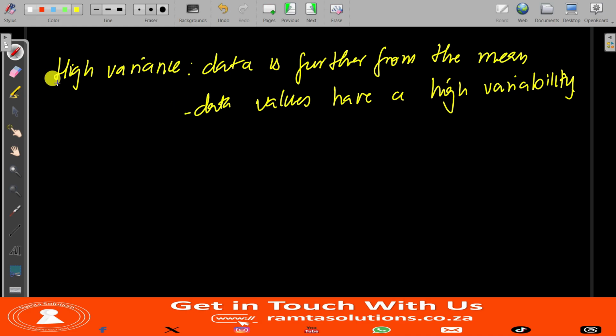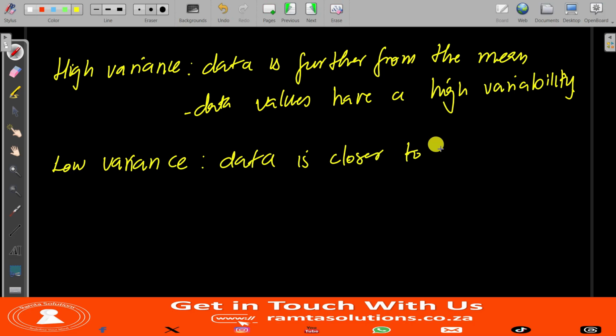Now let's look at when you have a low variance. What does it mean if you have a low variance? The data is closer to the mean, isn't it?